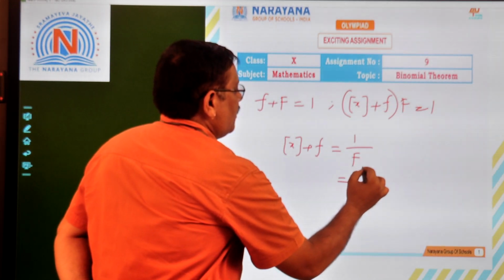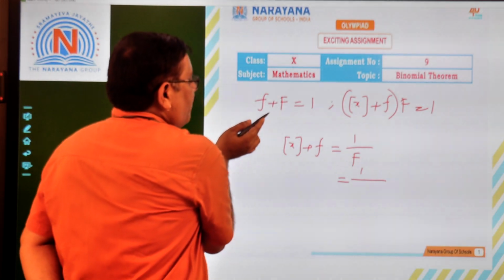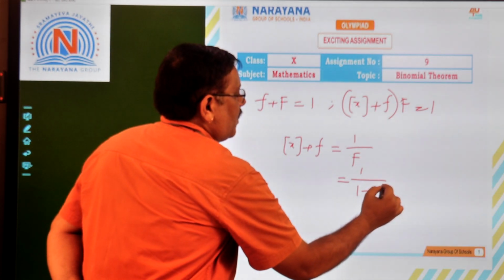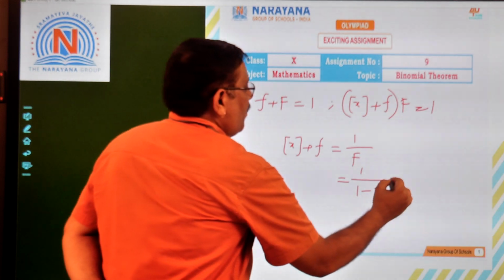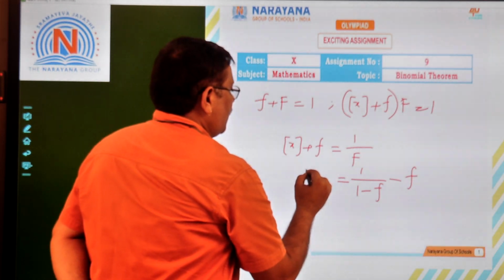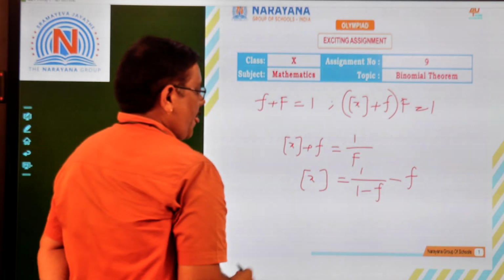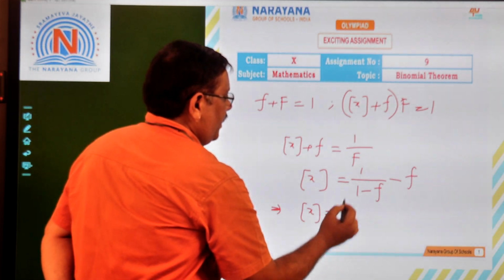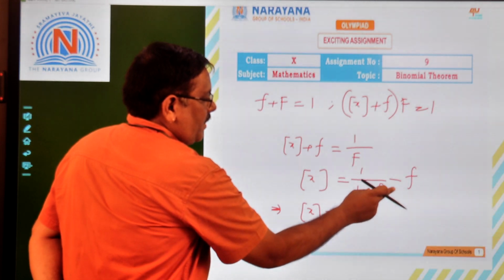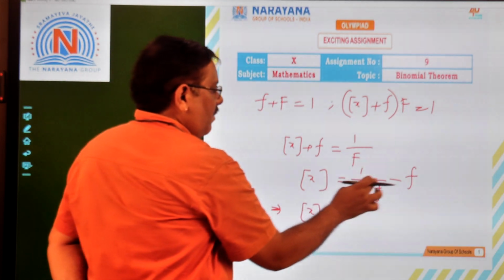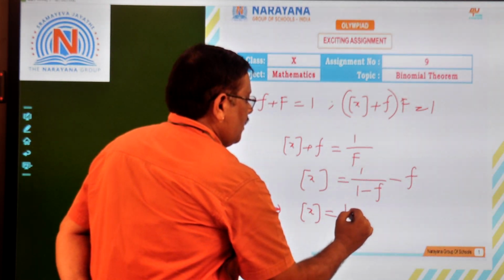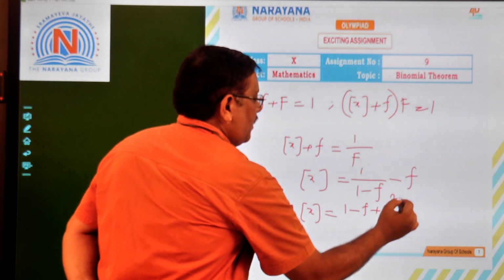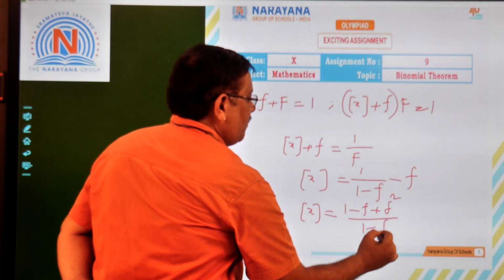That is, 1 by capital F is nothing but, if you look at f plus capital F is 1, capital F is 1 minus f. So we can write it as 1 minus small f minus f, that is nothing but step x. That implies step x is going to be, let us take LCM, 1 minus f square, 1 minus f plus f square upon 1 minus f.